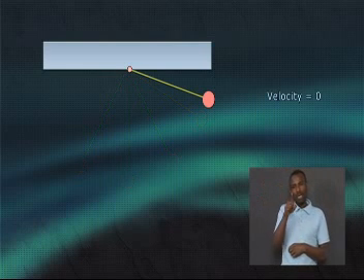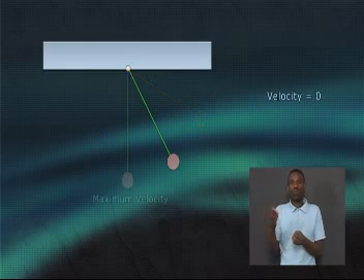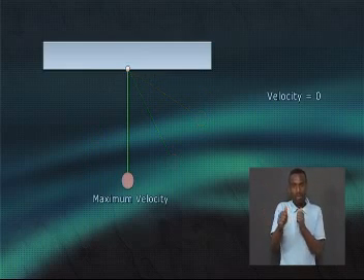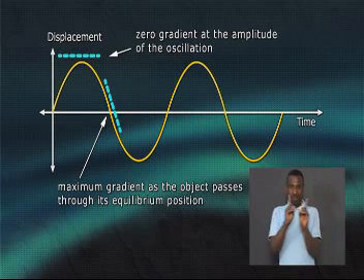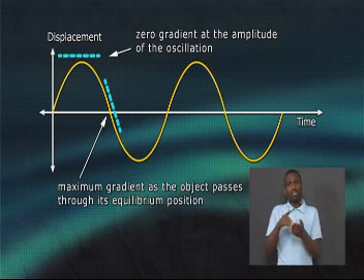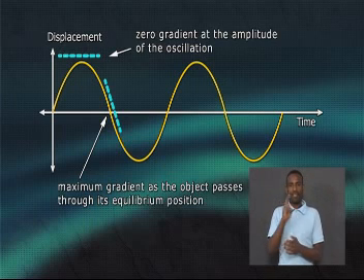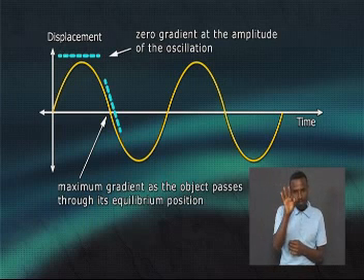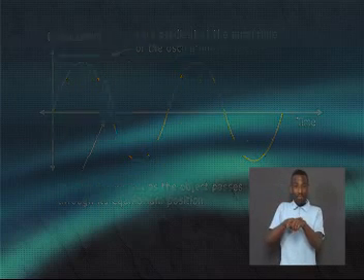It is the highest when the oscillating object passes through the equilibrium position. This can be seen on the displacement time graph. When displacement is the highest, velocity is the lowest. In general, velocity can be found as the gradient of the displacement time graph.